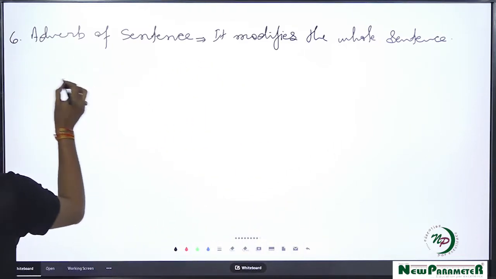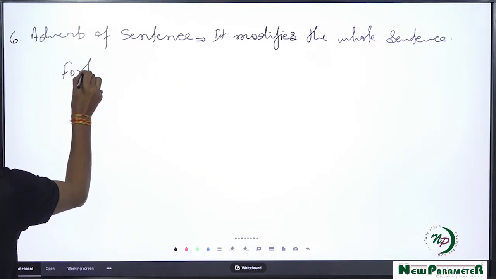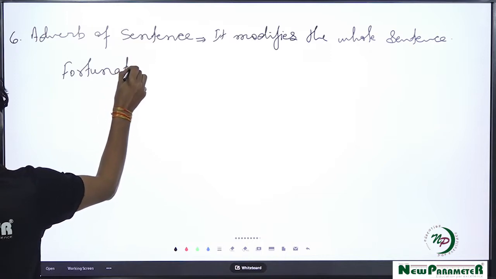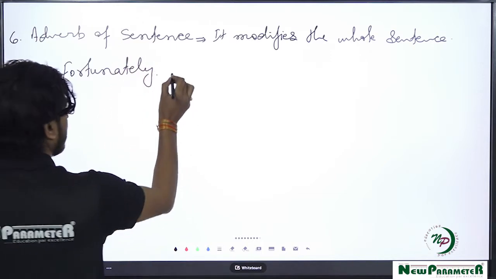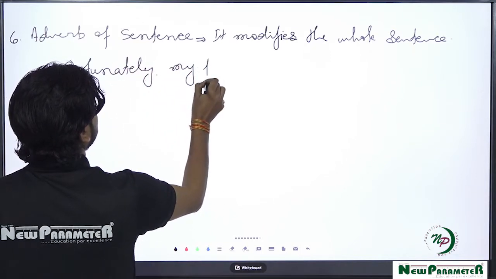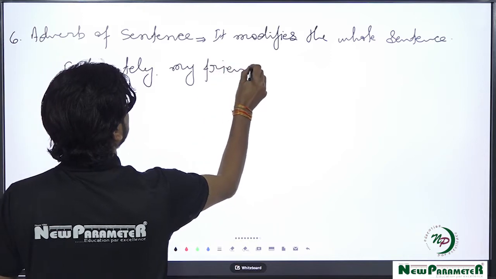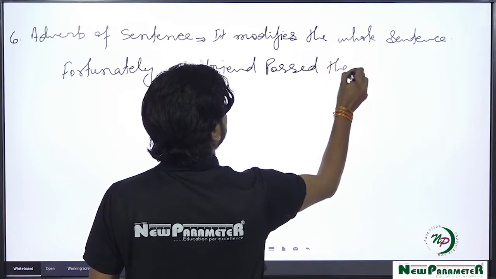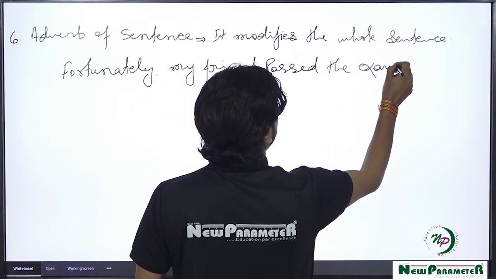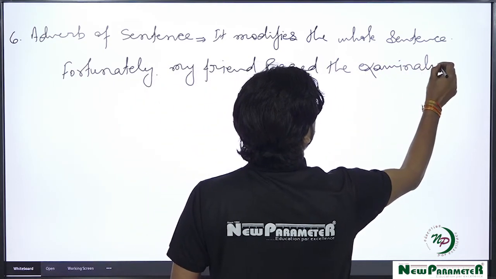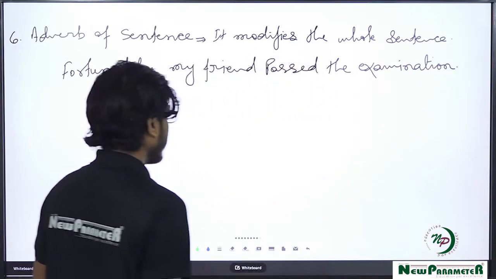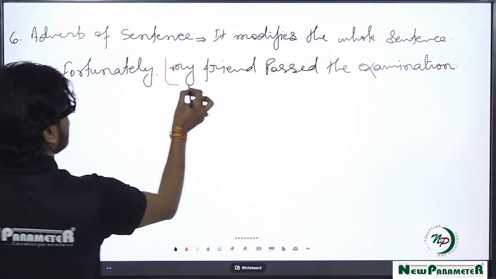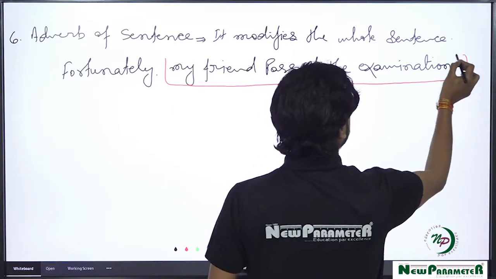For example, fortunately, my friend passed the examination. So I can say, my friend passed the examination, this is a sentence. We know this is a sentence.